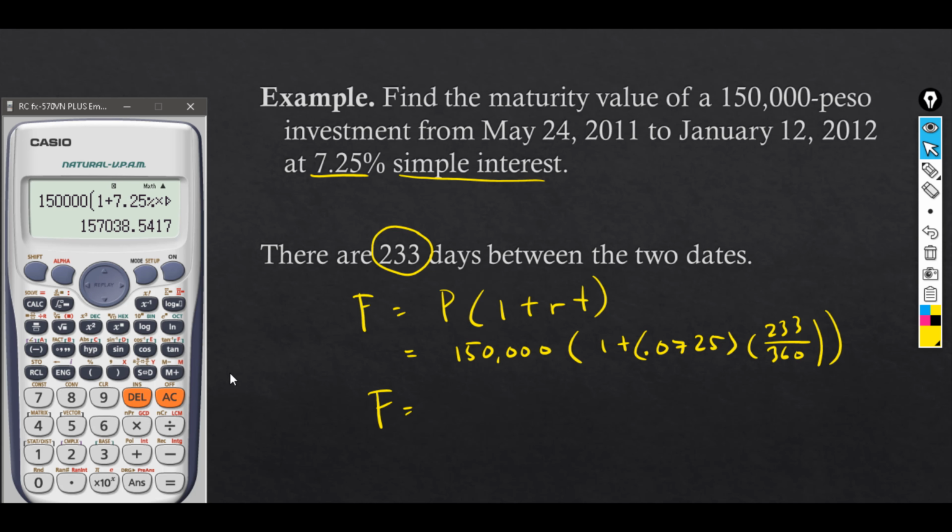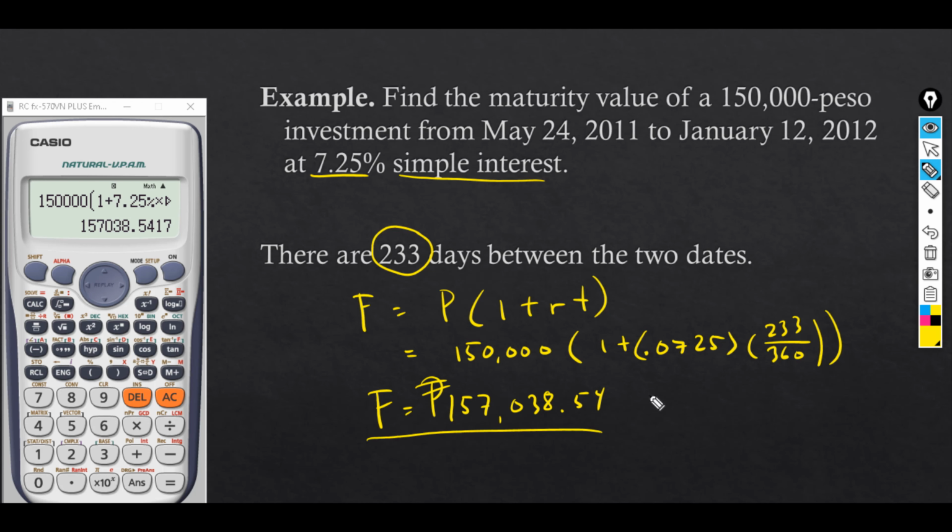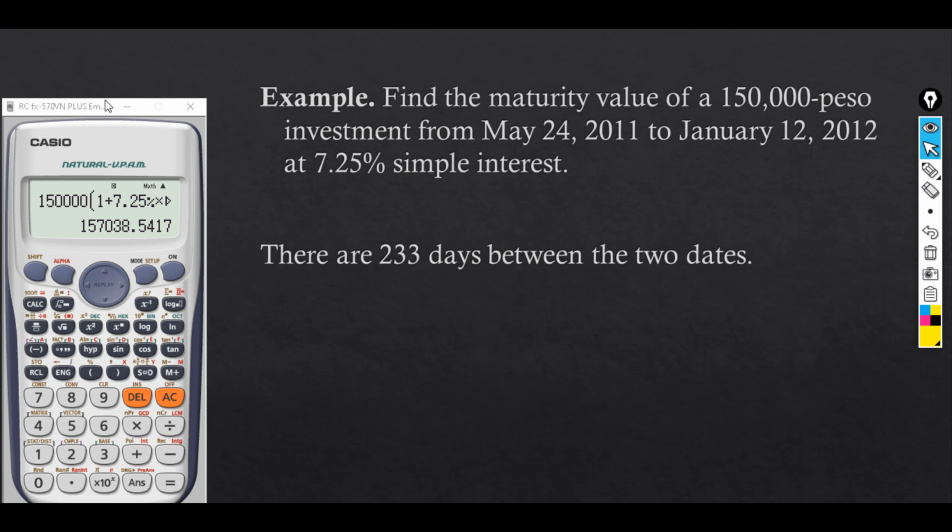The maturity value of that amount is 157,038.54 pesos. So, exact number of days over 360, since exact interest was not specified. Next example.